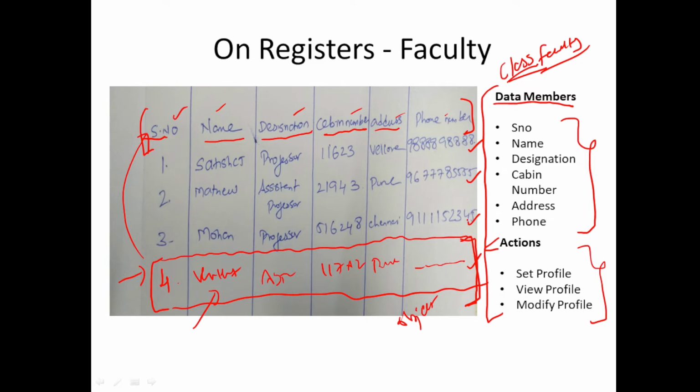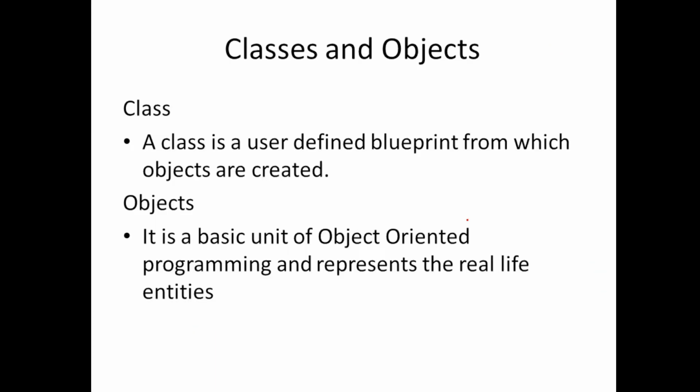Object refers to a specific entity, whereas you create this object using a template. And when you create an object, you need memory for holding the entity's data. So are you clear with what is a class? So class is a user defined blueprint from which objects are created.